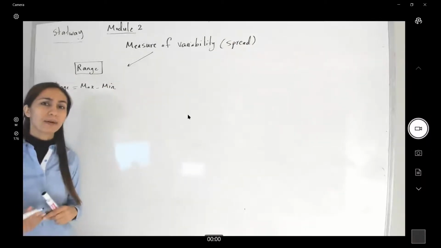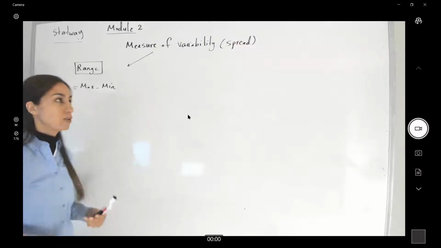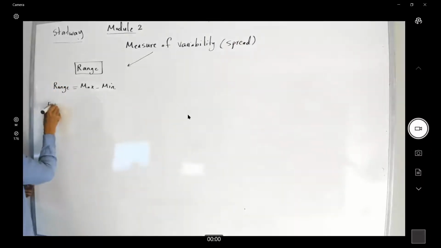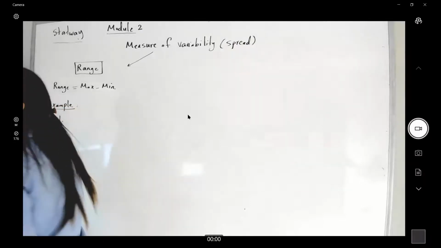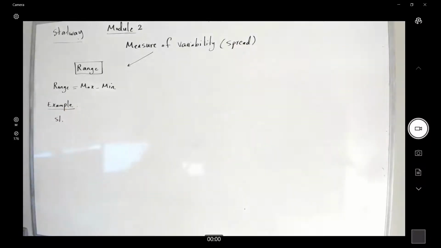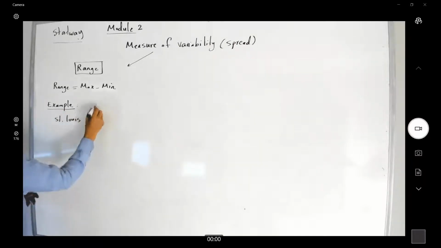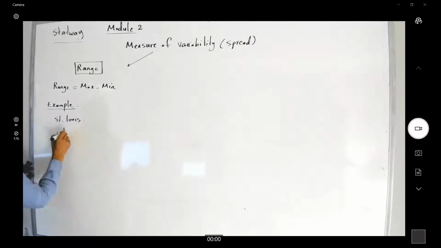Well, for example, in San Luis, the information that we have are the minimum value and the maximum value. Suppose I want to find the range in San Luis.